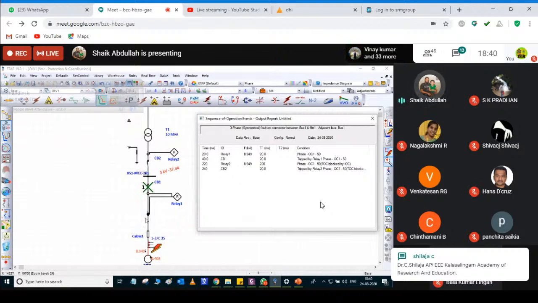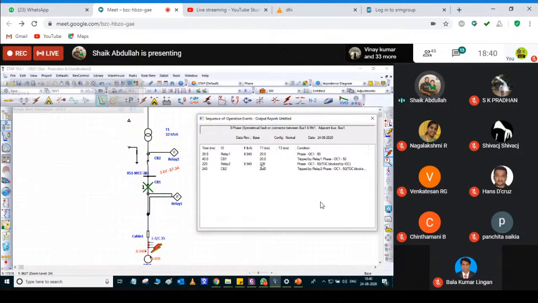After the coordination time interval, because we added 200 milliseconds here, after 220 milliseconds my relay 2 operates at overcurrent 50, because the time overcurrent is already blocked by the instantaneous overcurrent.